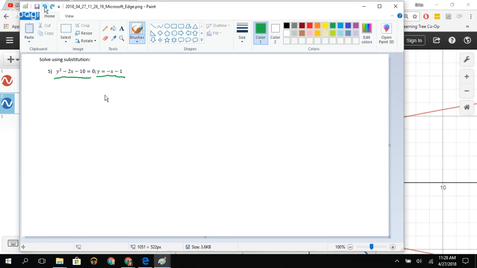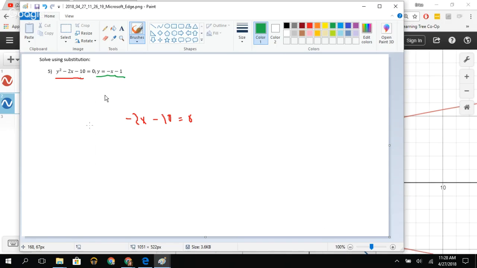I'm going to color coordinate a little better. I'm going to call that one green. This one red. It's like Christmas, right? So what we're going to do is take this red equation and rewrite it here. Minus 2x minus 10 equals 0. But I forgot the y squared part, right?